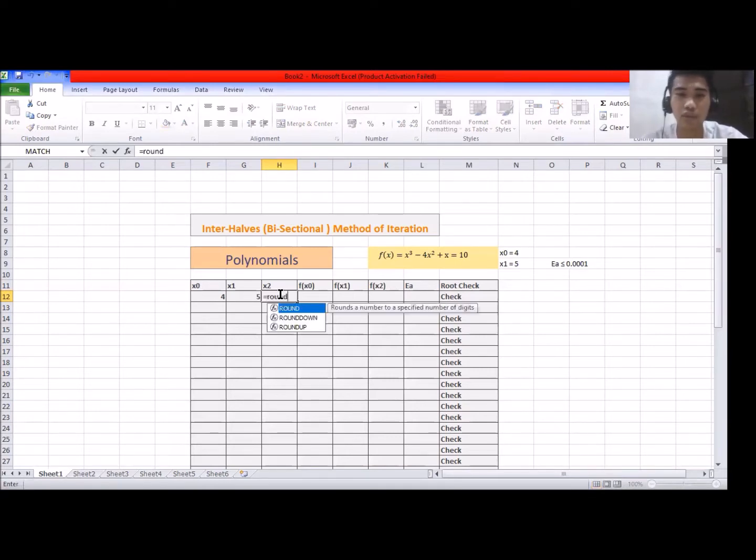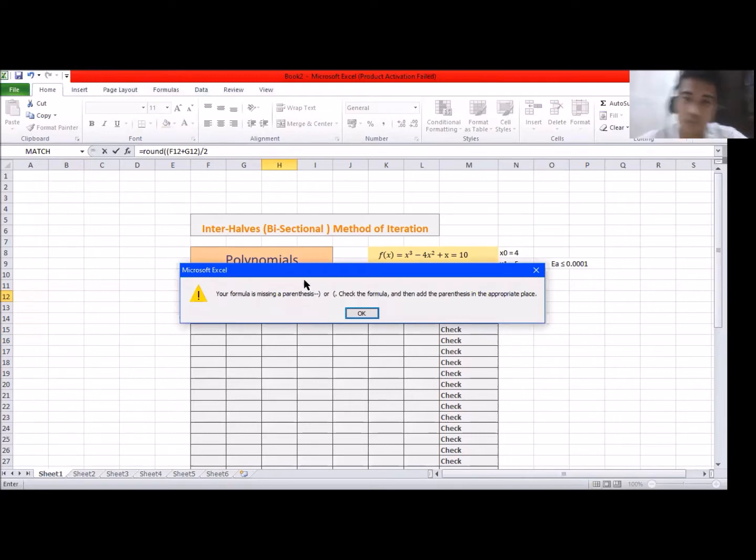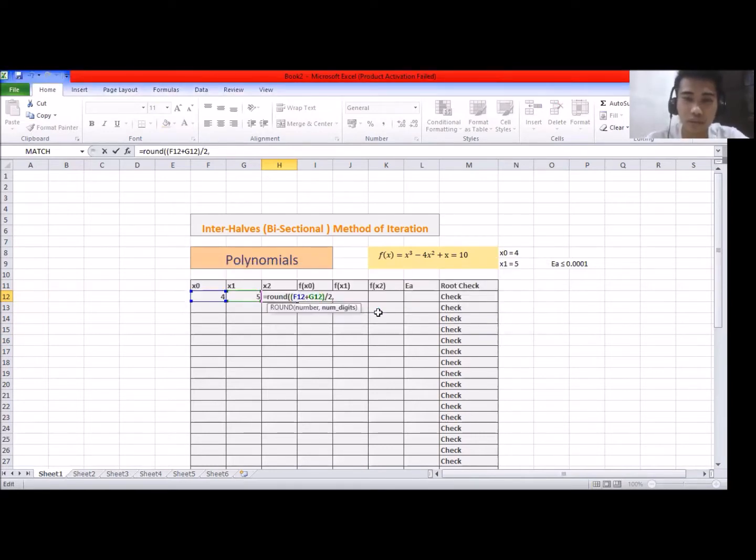We set the number of decimal places we want, and we will use this formula: x0 plus x1, then divide by 2. We set the decimal places to 5. So we get 4.5.